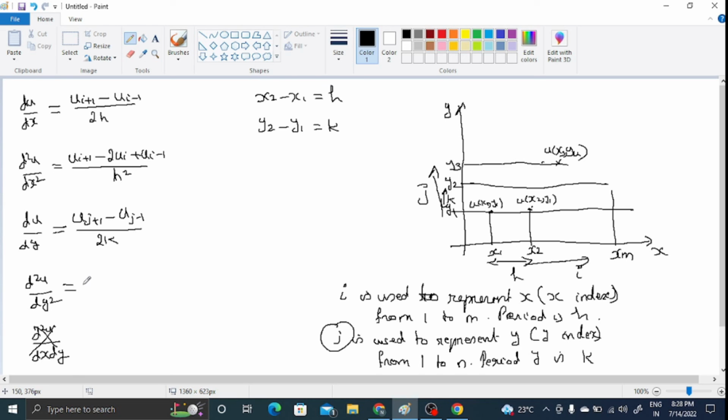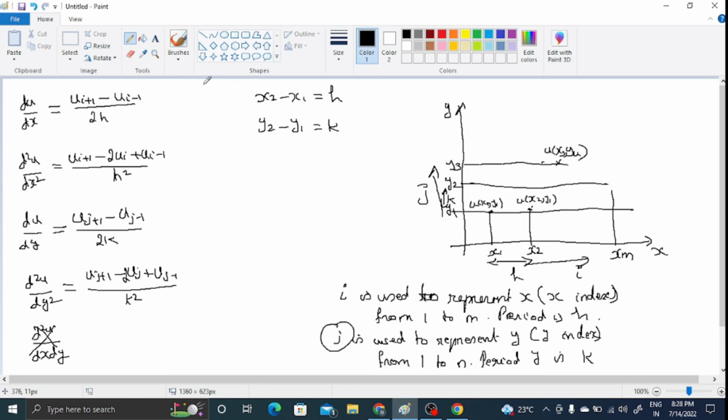Very good. u j plus 1 minus 2 u j plus u j minus 1 divided by k square.